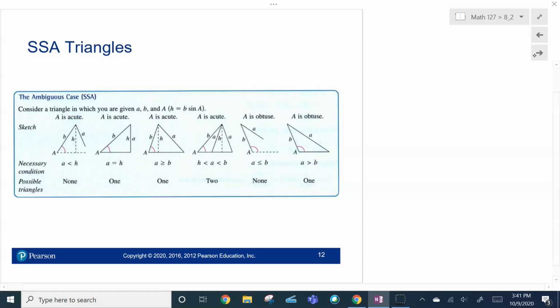So the first thing that I like to think about is I'm going to determine if A is acute, that's the ones over here. A is the given angle. Given angle A, if it's acute, or if the angle is obtuse.